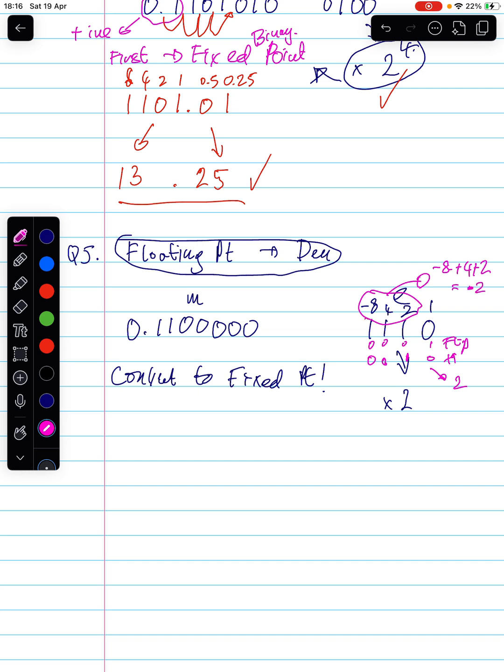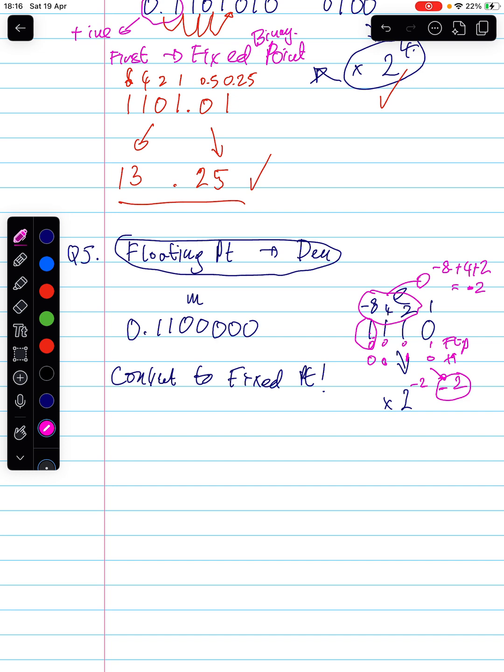We know it's negative because that most significant bit of the 2's complement is a 1, so that means that it's going to be negative. So our power here is minus 2. So that's what is going on here.